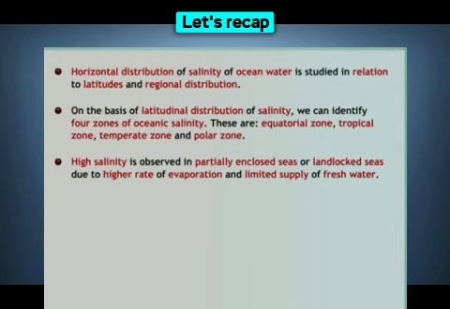On the basis of latitudinal distribution of salinity, we can identify 4 zones of oceanic salinity. These are equatorial zone, tropical zone, temperate zone and polar zone. And the last point is, high salinity is observed in partially enclosed seas or landlocked seas due to higher rate of evaporation and limited supply of fresh water.